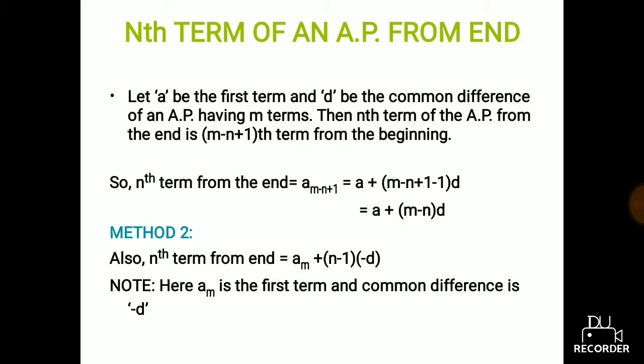Now we reverse the sign of d. That is, now our common difference is 4 minus 5, that is minus 1, and the value of n will be 2, because we have reversed the order. So the formula will be am plus (n minus 1) into minus d, where am is the first term and the common difference is minus d.